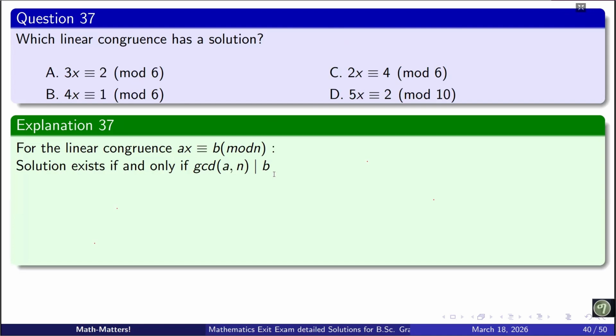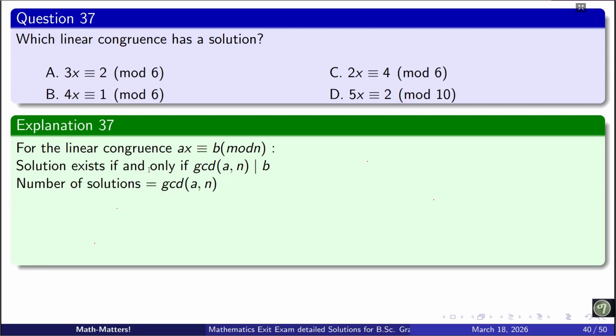That means the criterion for a linear congruence of this form to have a solution is that the GCD of the coefficient of x, a, and n divides b.